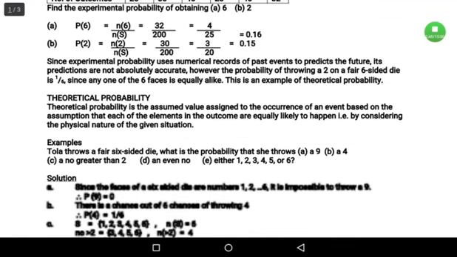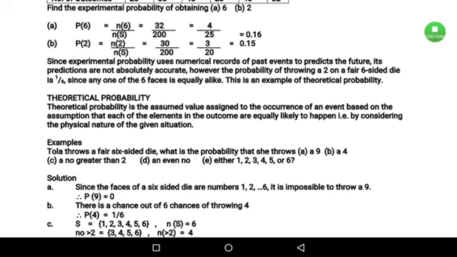Note this: the experimental probability uses numerical records of past events. Of course, if you say you performed the experiment, it must be in the past. Since it uses past events to predict the future, its predictions are not absolutely accurate, since we only use past records.